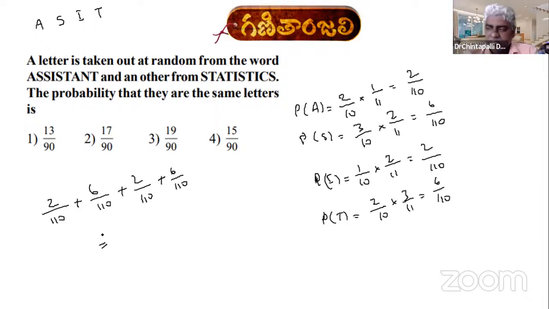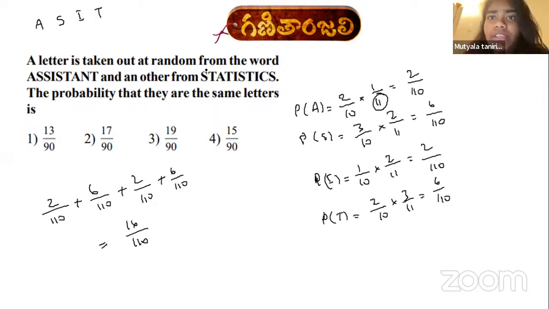Right? Add everything. Is it 16? 16 over 110. Are you sure? Are these 11 letters? 1, 2, 3, 4, 5, 6, 7, 8, 9.